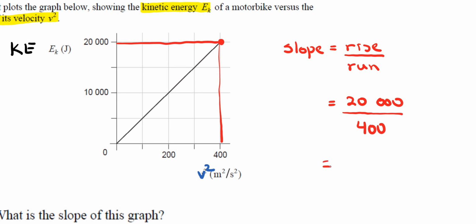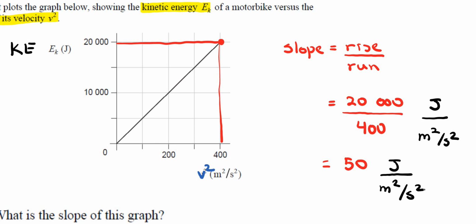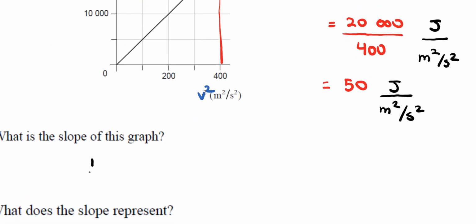Okay, so 20,000 divided by 400 is going to be 50. Now, the units are technically joules on the numerator, and the denominator is meters squared divided by a second squared. So you can say joules divided by meters squared per second squared. So that's an acceptable answer for the slope. I'll just copy that down over here. So 50 joules divided by meters squared divided by s squared.